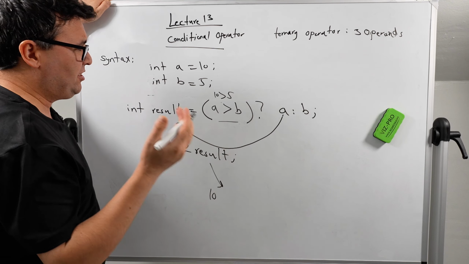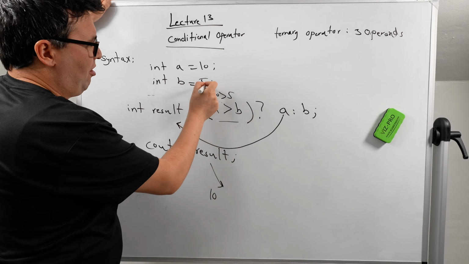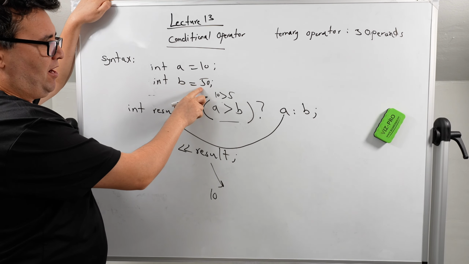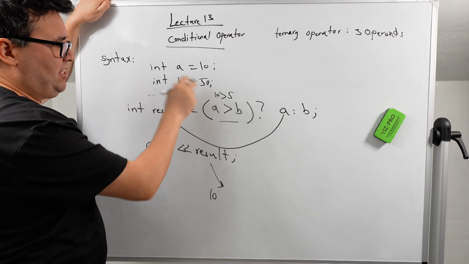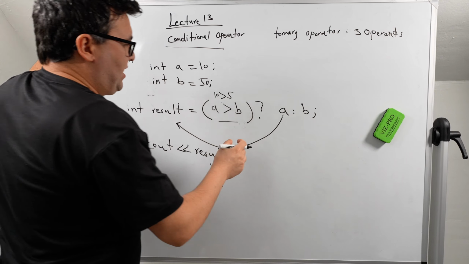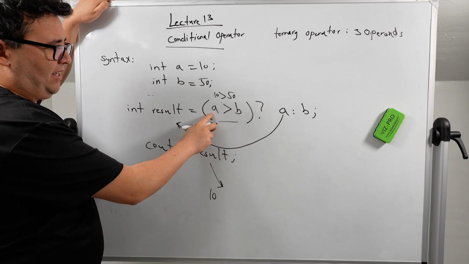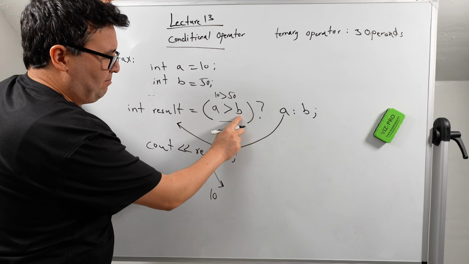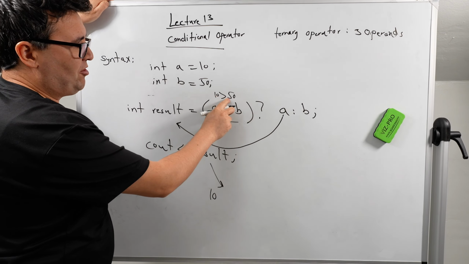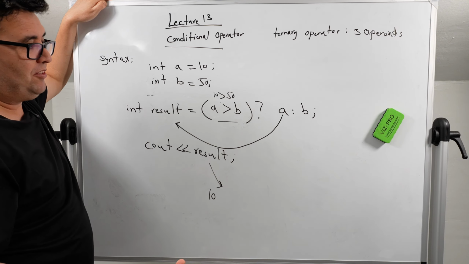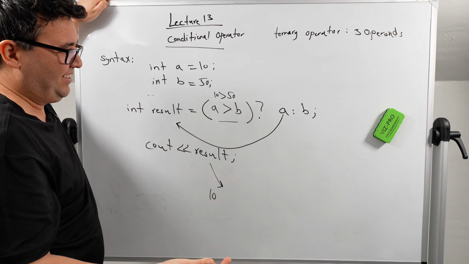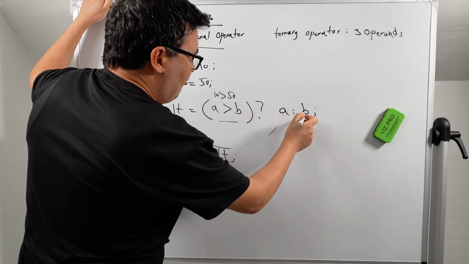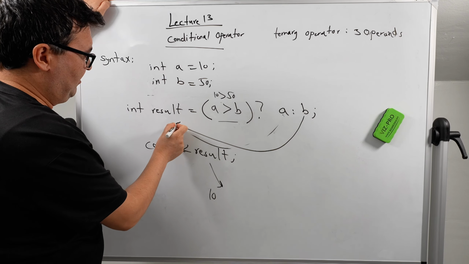But if the condition is false, let's make the condition false. Instead of 5, if I store 50 inside b, now what happens? Is a larger than b? Is 10 larger than 50? No. So the condition becomes false, and the value of b is stored inside result.